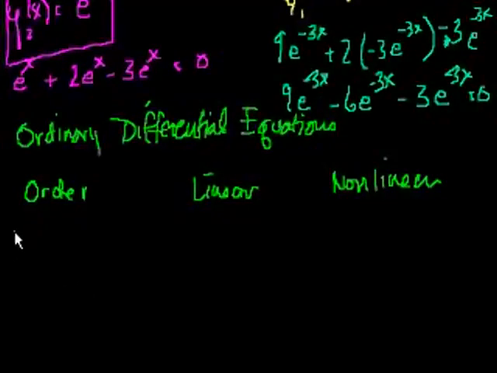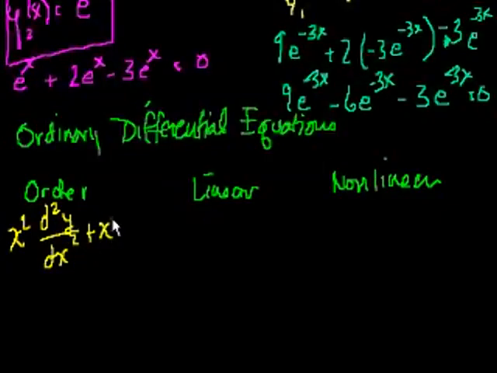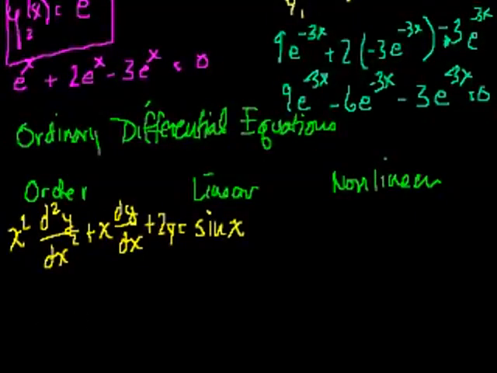Let me write down one, from my college differential equations book: x squared times the second derivative of y with respect to x, plus x times the first derivative of y with respect to x, plus 2y, is equal to sine of x.